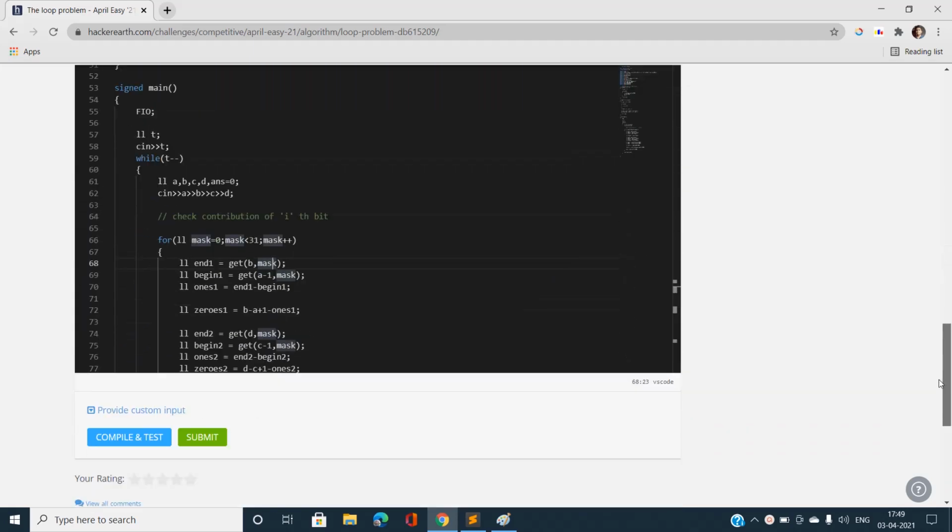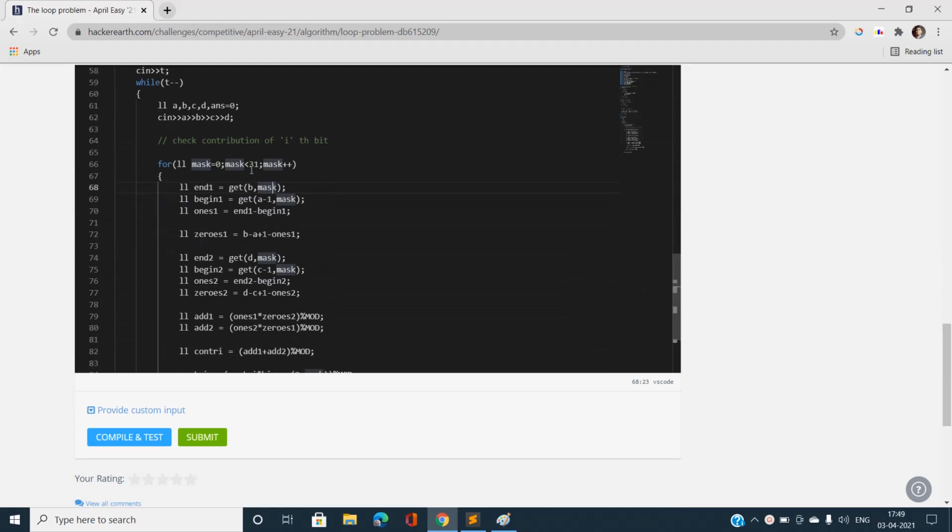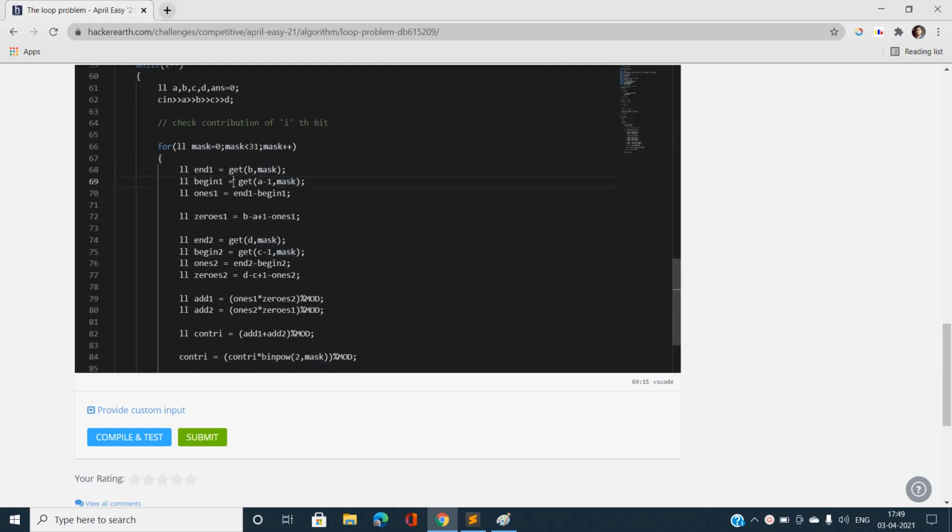So for every mask from 0 to less than 31, just calculate the interval, that is the limit from B. And also I'm going to calculate begin one, that is from 1 to A minus 1, and end one is from 1 to B. Just subtract the total number of ones, and if I've got the ones, I can easily get the zeros by subtracting the number of ones from this length B minus A plus 1.